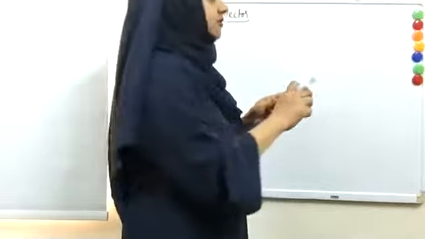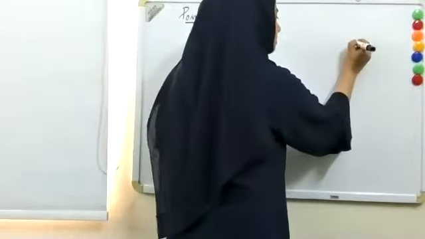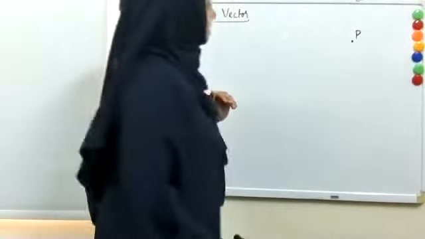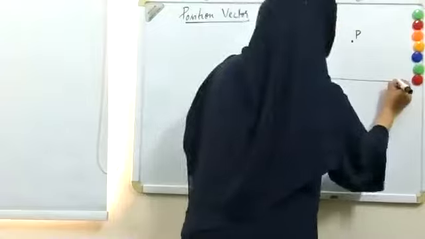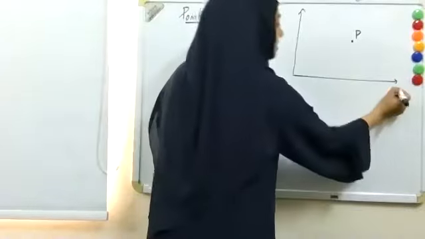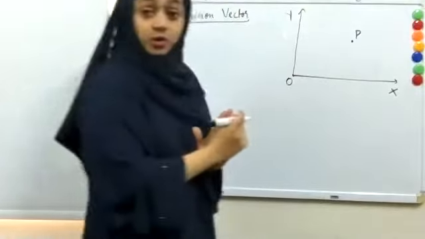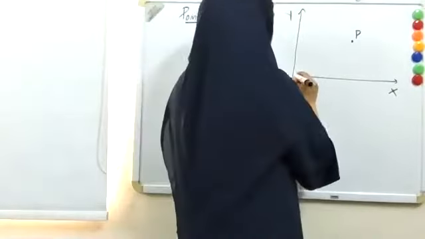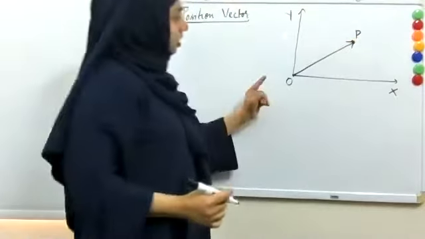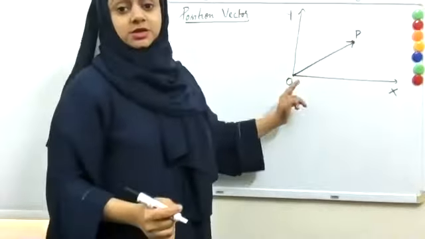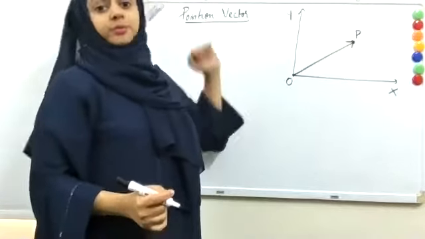For example, if you have an object on this plane of the whiteboard at a point P, then we can represent that using a vector considering x and y axis. And if you consider the origin as O, and if you draw a vector from the origin to the point P, you call this the position vector.